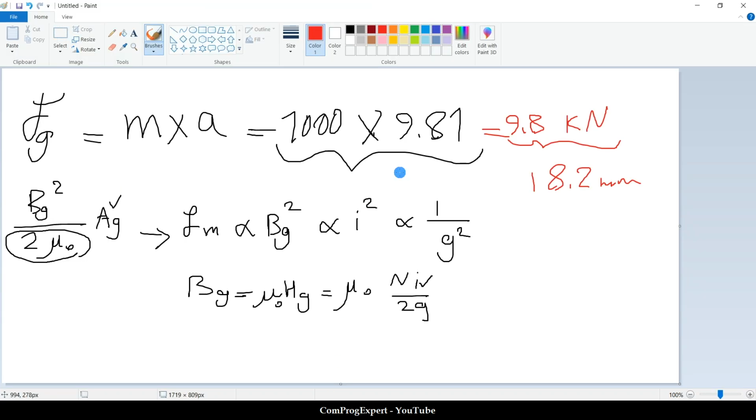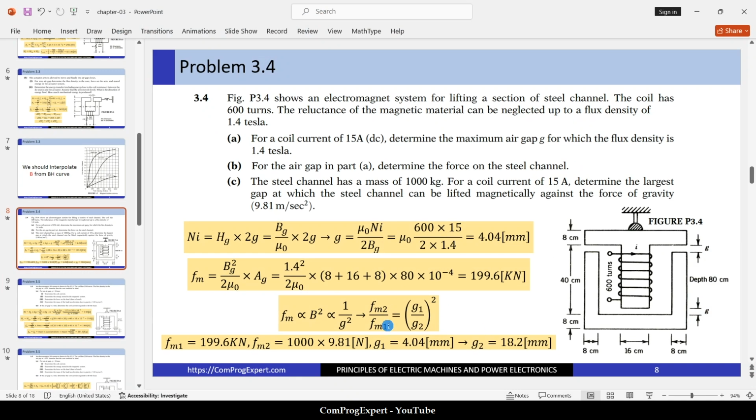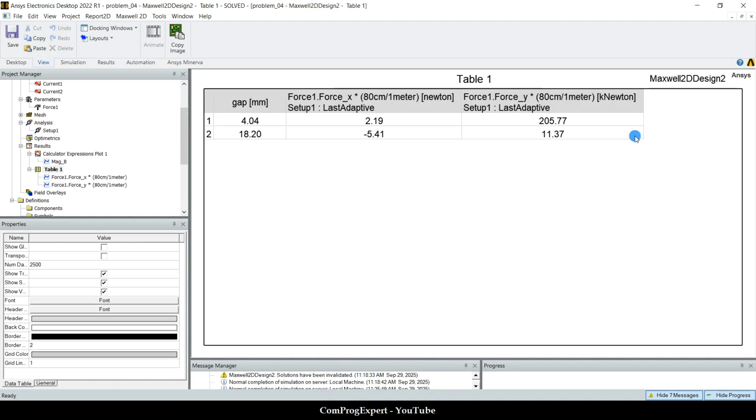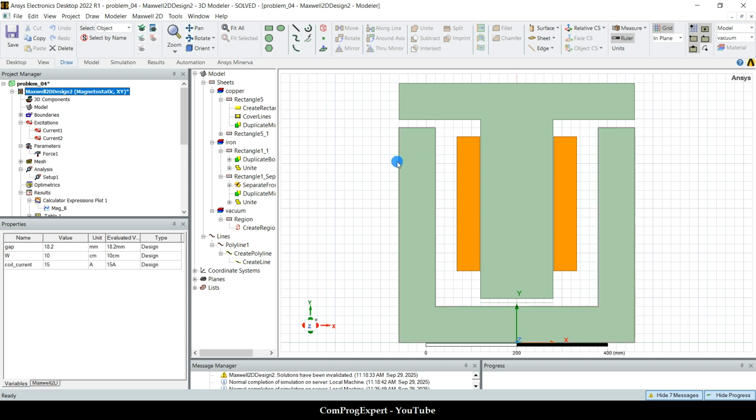We wanted to have 9.8 using the manual calculations and this approximation. So this works good. As you can see, in this case, the force is above 9.8 kilonewton, and for this air gap thickness, we can lift up this steel channel.